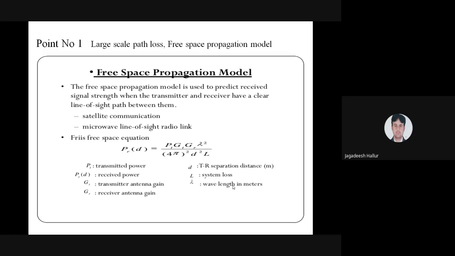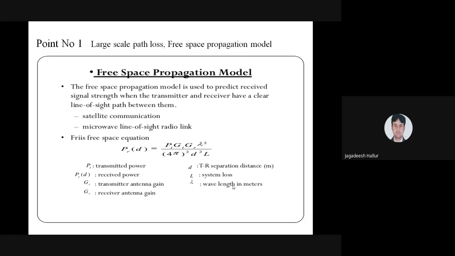For example, satellite communication and microwave line of sight radio links are the two cases we use for this free space propagation model. When we send a signal from the Earth station to the satellite, there should be a clear line of sight between the satellite and the Earth station. Then only you'll get a clear picture on your television.